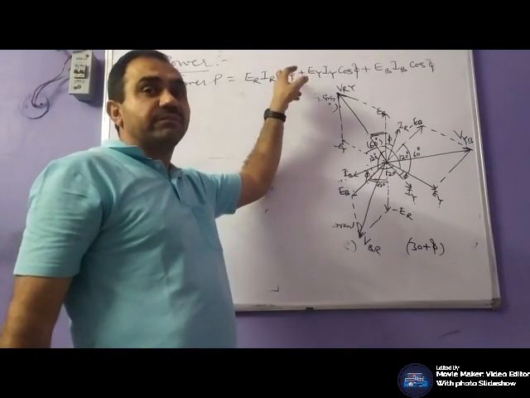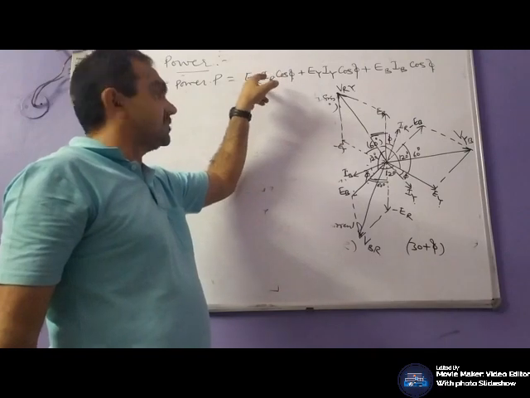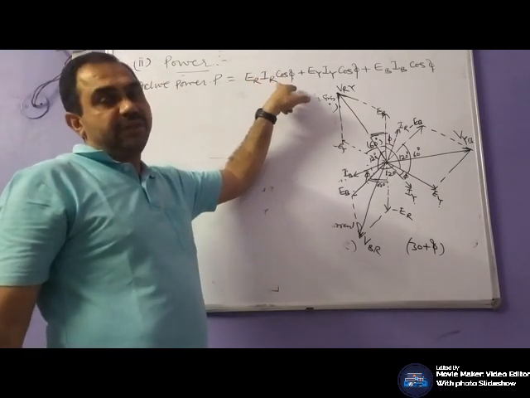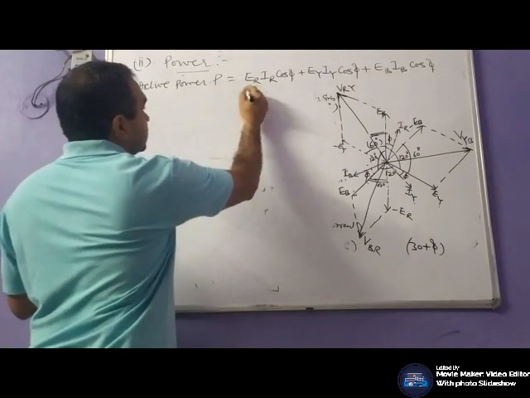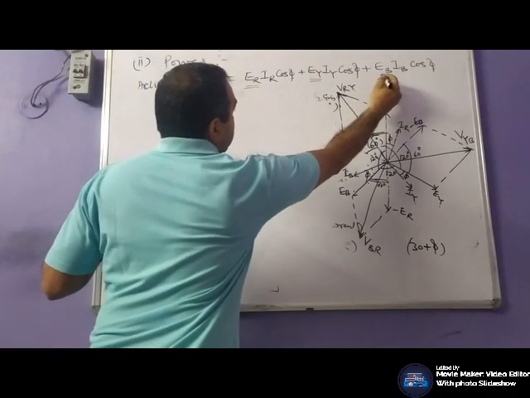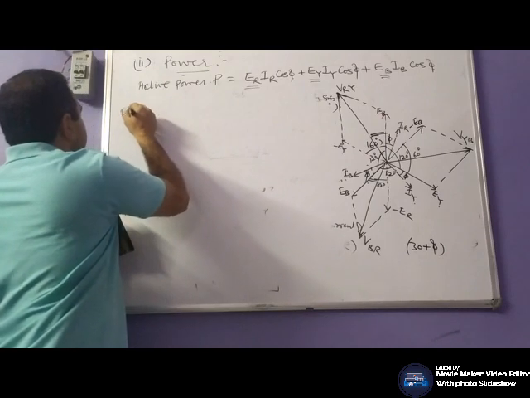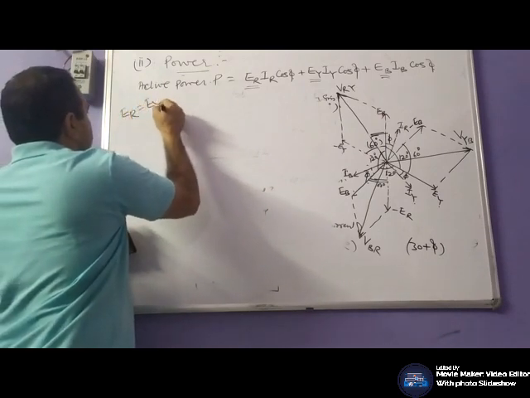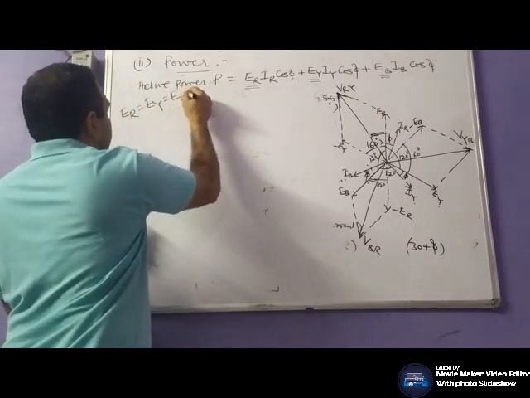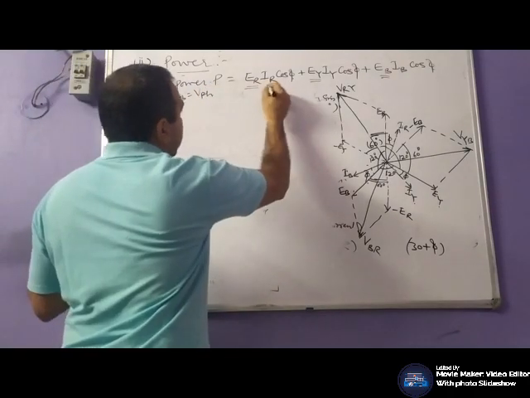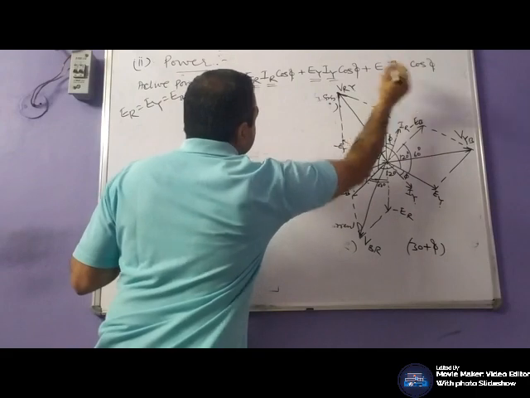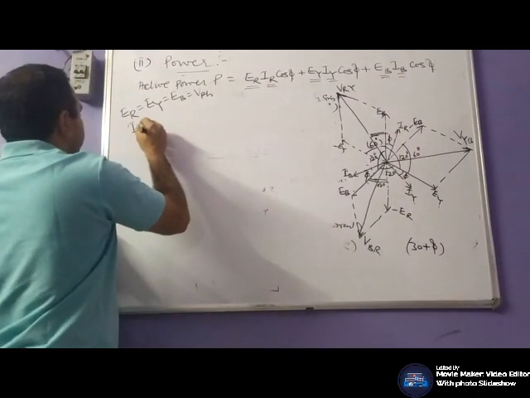Phi is the angle between the phase voltage and phase current. As this ER, EY and EB are phase voltages, IR, IY and IB are phase currents.